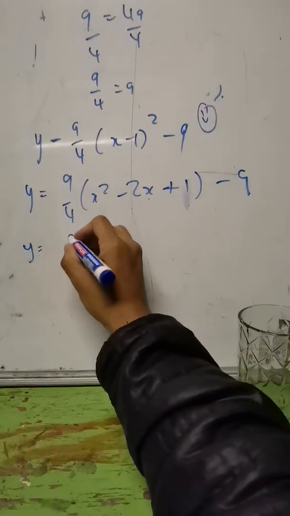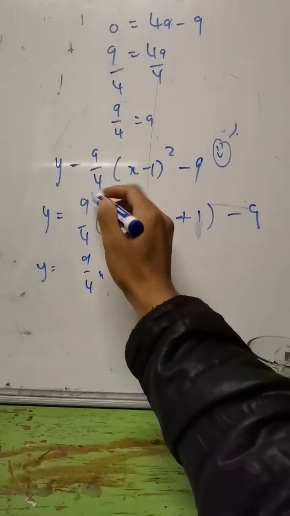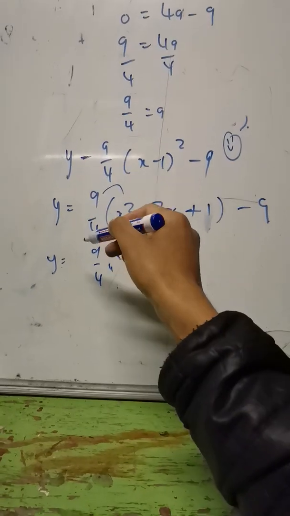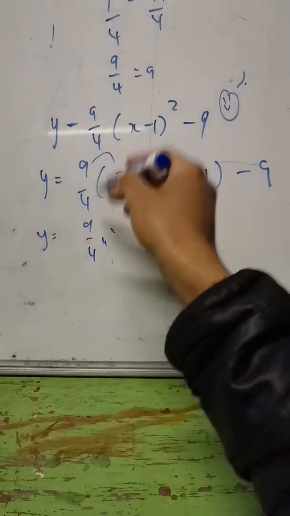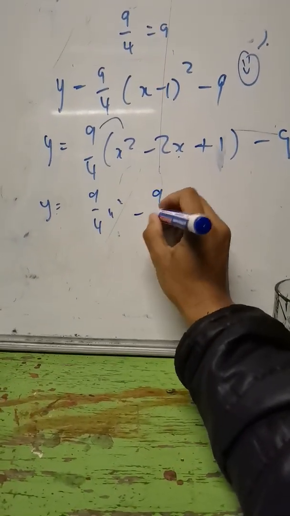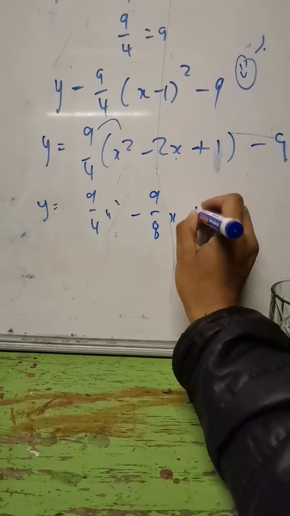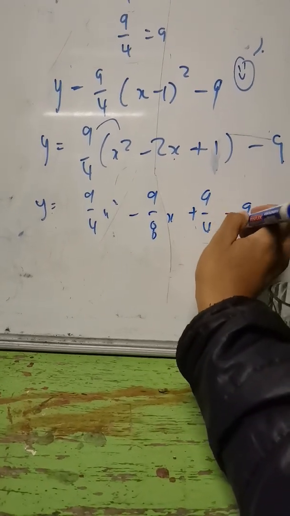So y is equal to 9 over 4 x squared. You just multiply the 9 over 4 with everything inside. So 9 over 4 x squared minus 9 over 2 x plus 9 over 4 minus 9.